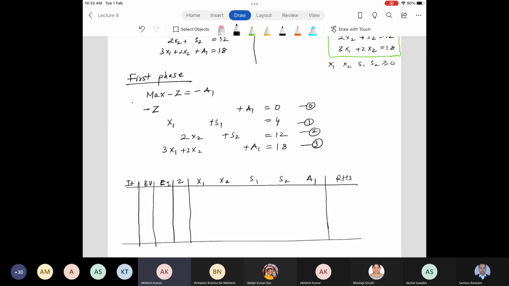Can we set up our table? If yes, why? If no, then what we need to do?